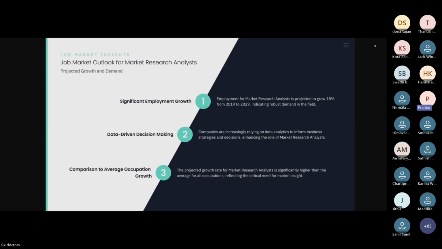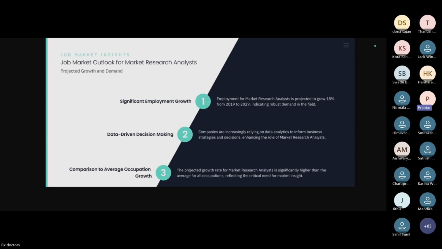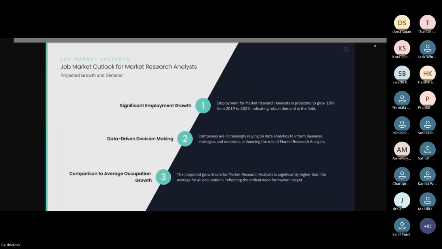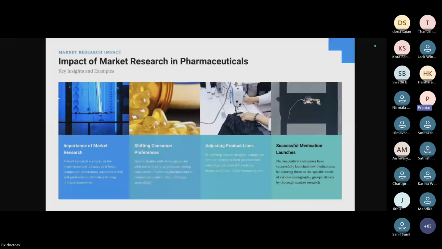There's a high demand for skilled professionals in this field, and compared to other jobs, I feel the growth rate here is good, which shows how important this role is becoming. And I personally feel it's a promising career for anyone who is really interested in analysis and strategic decision making and the marketing side of pharmaceuticals.